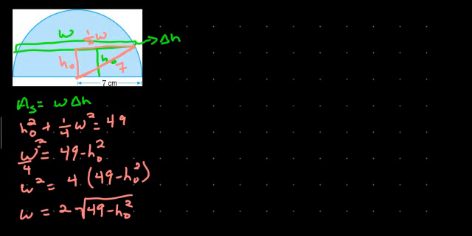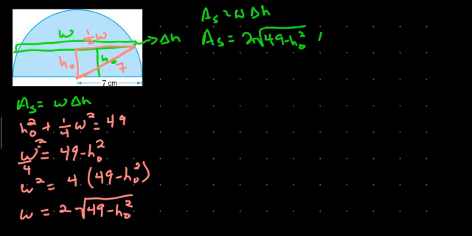And so we can go back here to our area of the slice. We have that the area of our slice now equals w delta h, but we found down here that w is going to be 2 times the square root of 49 minus h0 squared delta h.